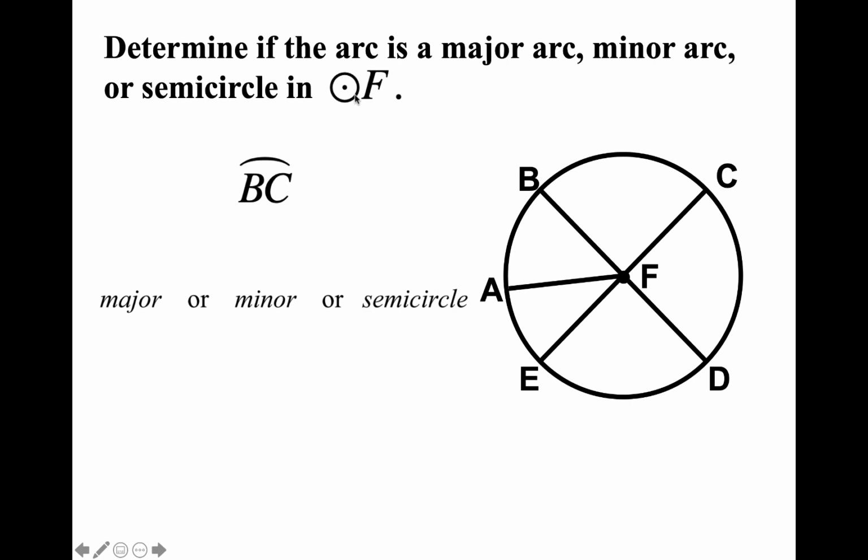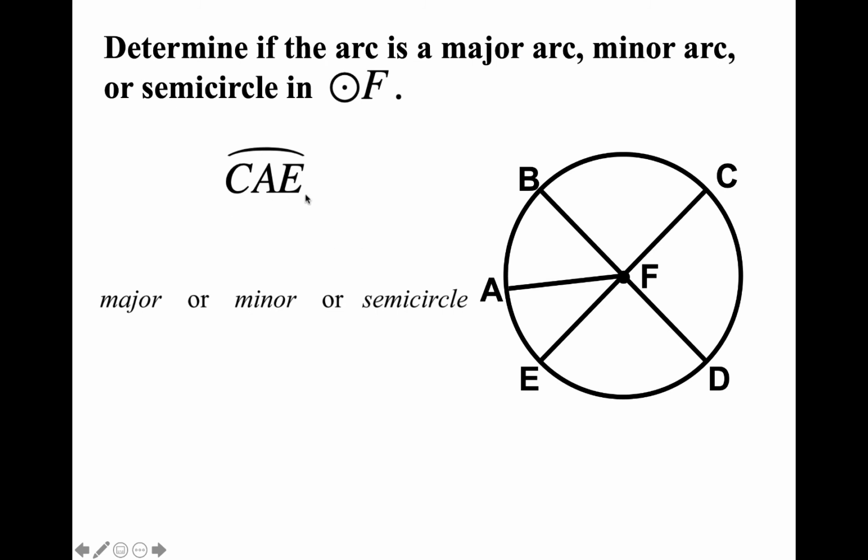It says to determine if the arc is a major arc, a minor arc, or a semicircle in circle F. So that means that F is the center of my circle. We're looking at arc BC, starting at B, going to C. This is less than half a circle, so this is a minor arc. Arc CA, starting at C, ending at A. Notice that's less than half a circle, and it's two letters, so that's a minor arc.